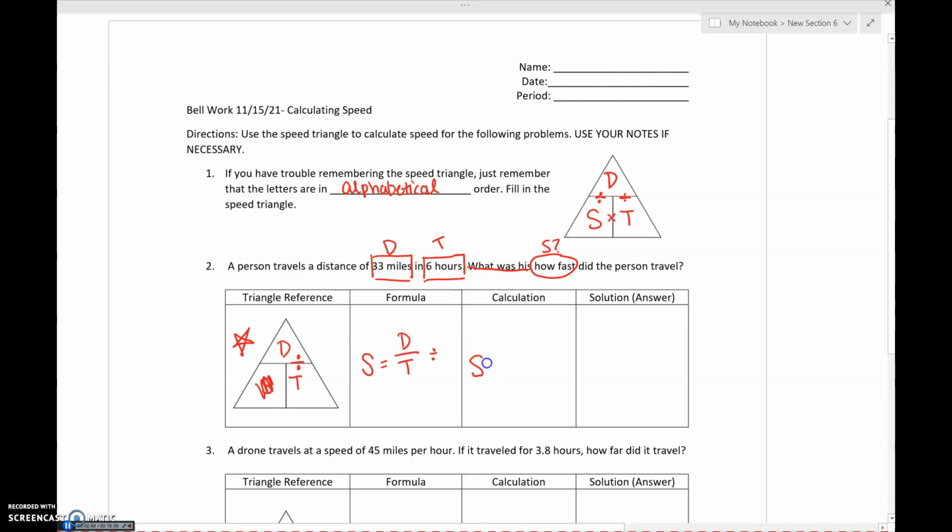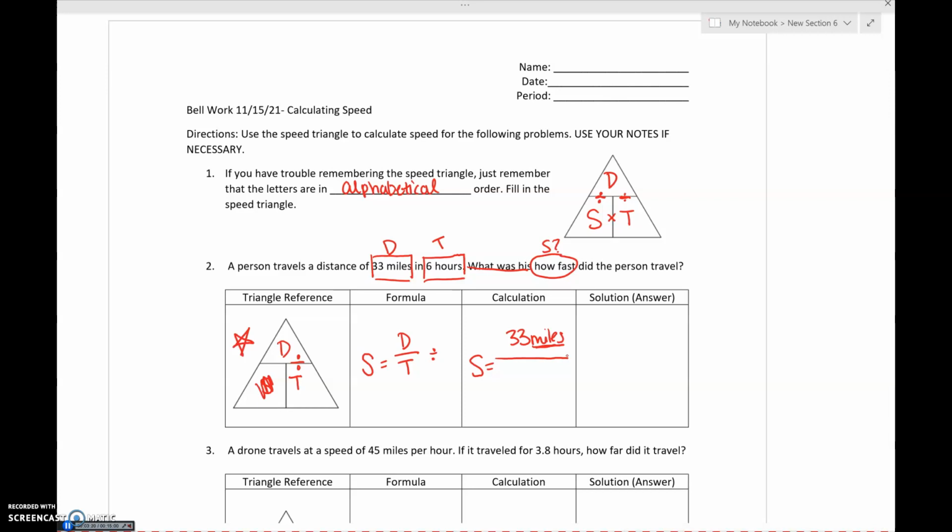When we do our calculation, we're going to plug in our known values. So our distance is 33 miles. Please remember to include your units in your calculations. By including the units, it's going to make it easier to figure out what the units are for the answer.